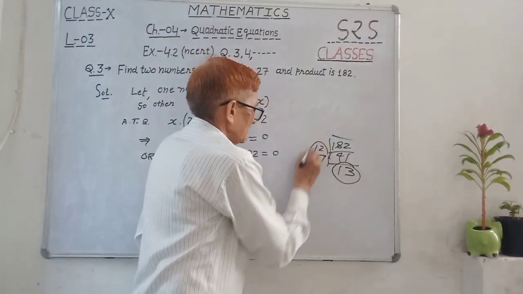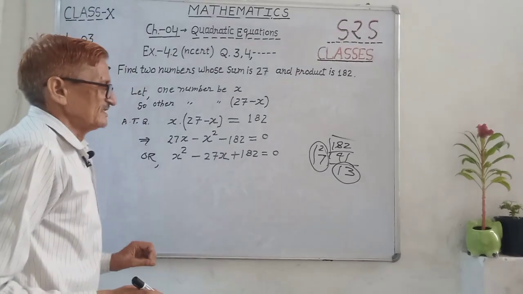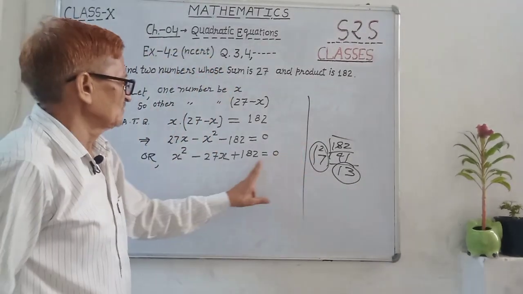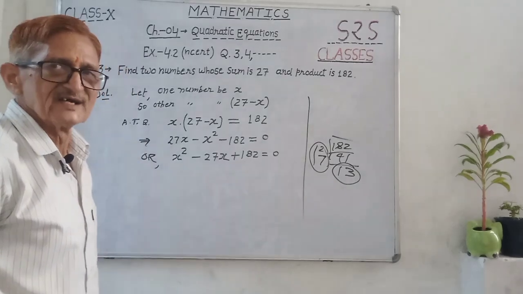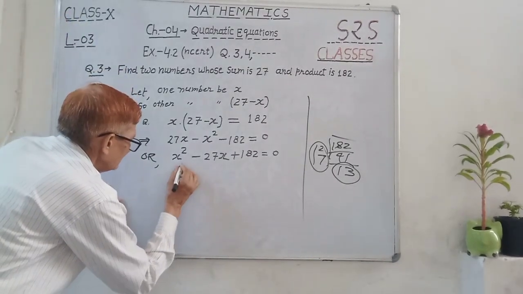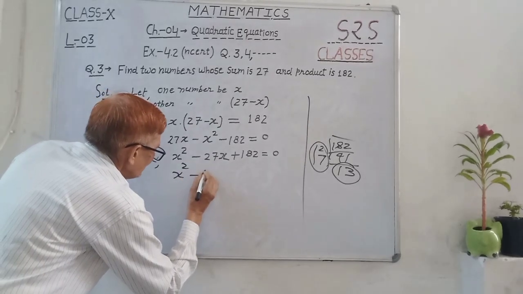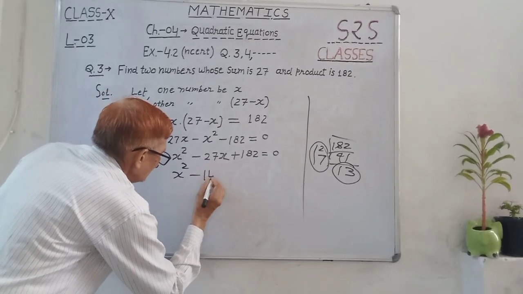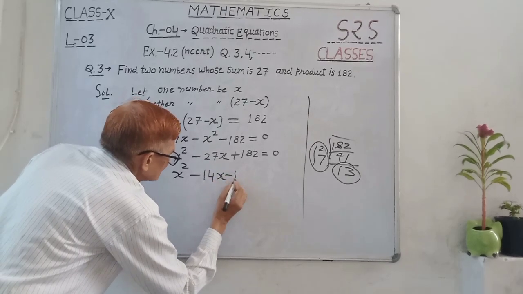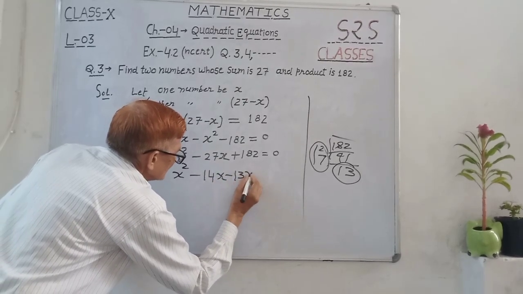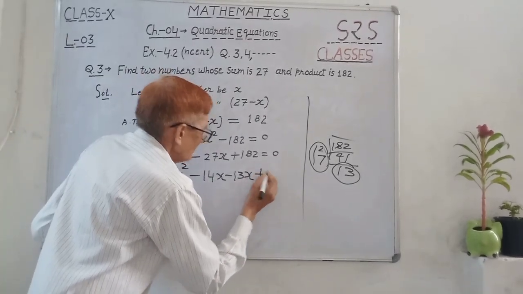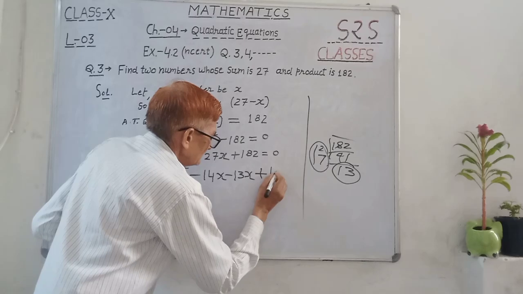So 13, and the other is 7 times 2 is 14. So 13 and 14, product will be 182, and minus 13 and minus 14 you have to take. Then x square minus 14x minus 13x, then sum is minus 27 and product of both positive 182, equal 0.